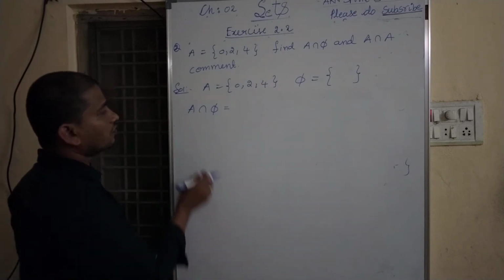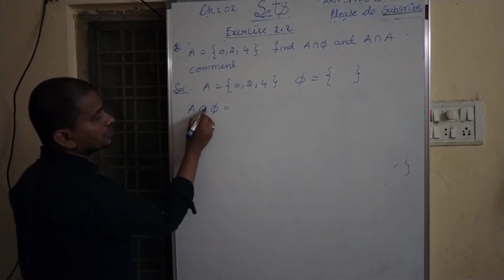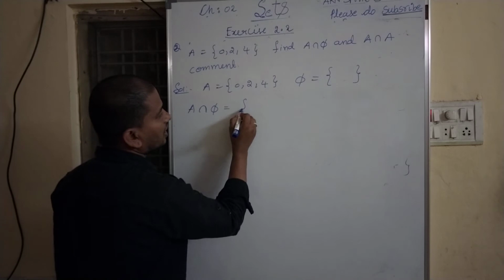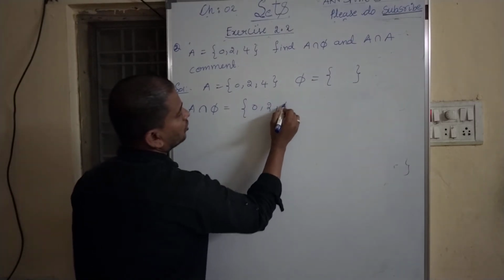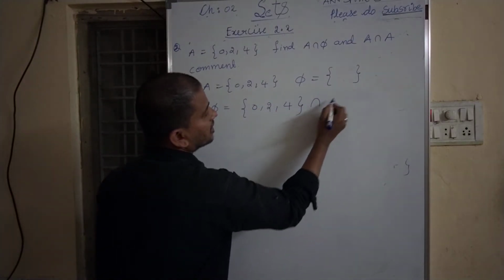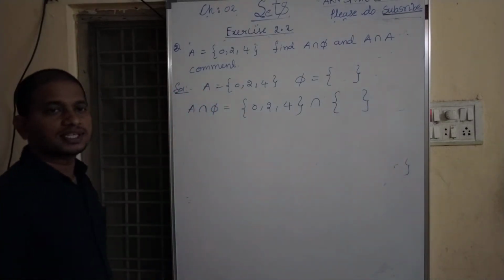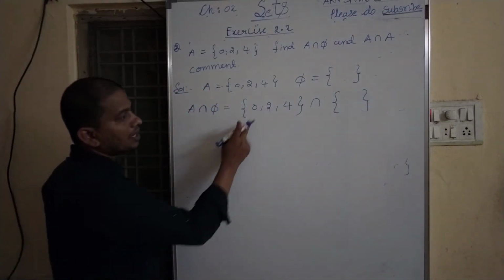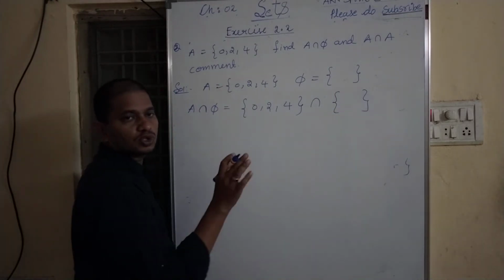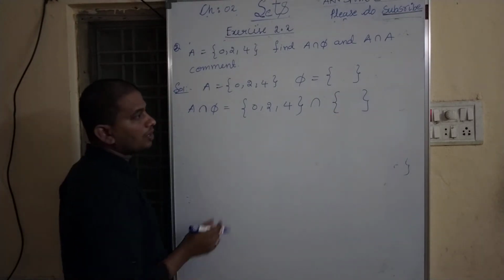So first one we have to find A intersection pi. That is A, value 0 to 4, intersection pi, nothing but there are no elements in the set. Is there any common element here? No. There is no common element over here.